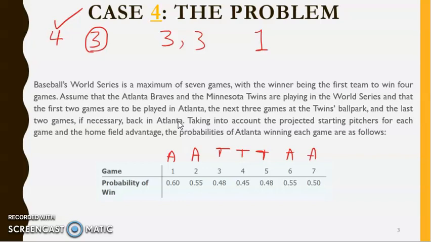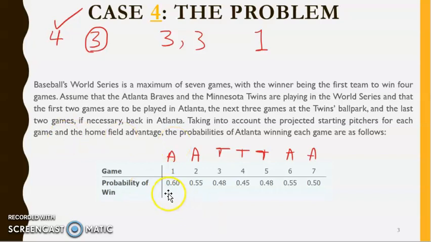Taking into account the projected starting pitchers for each game and the home field advantage, the probabilities of Atlanta winning each game are as follows.